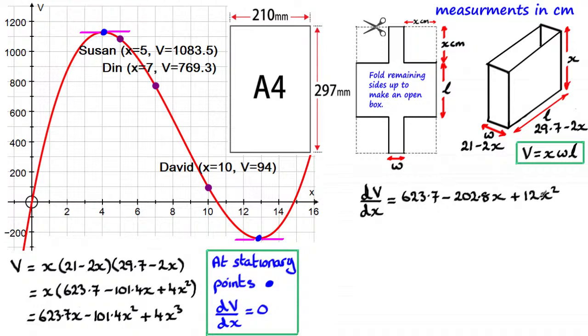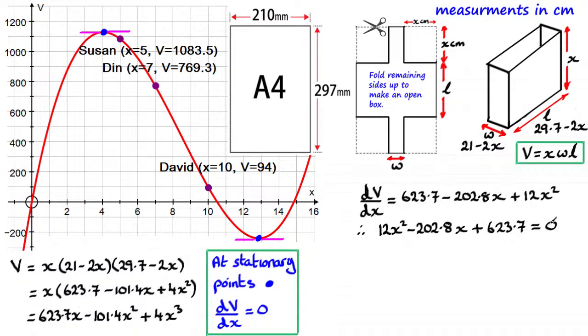Now, if we're to look for that maximum volume, we know that dv by dx must equal 0. So we're going to set up that equation equal to 0. Just put it in there. There we go. And I want you to be able to tell me what the value of x is.